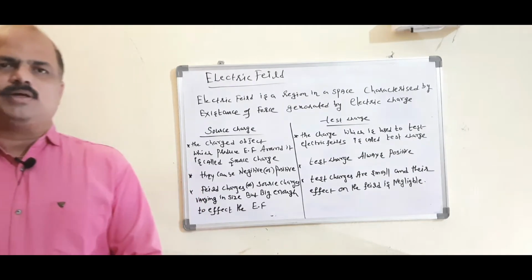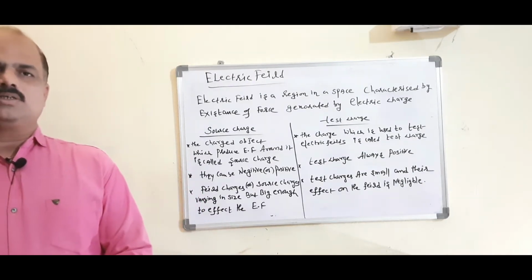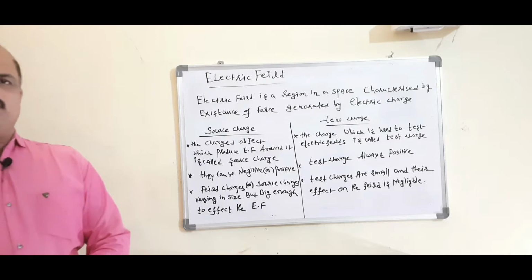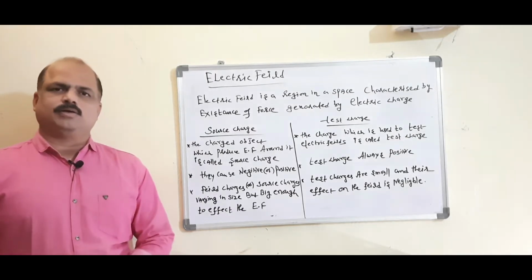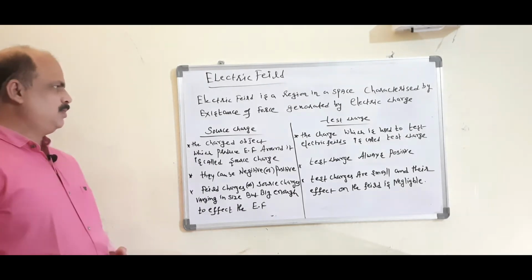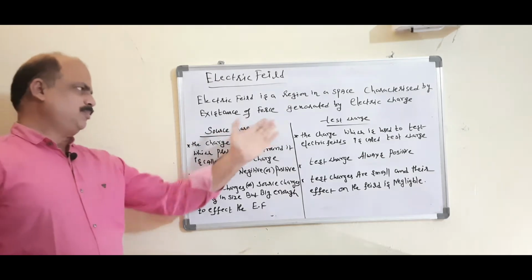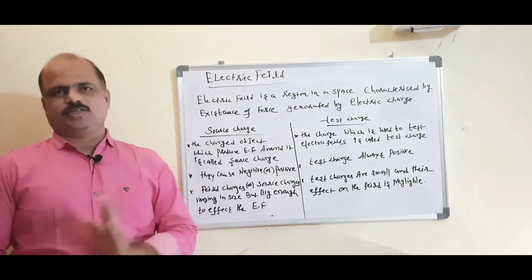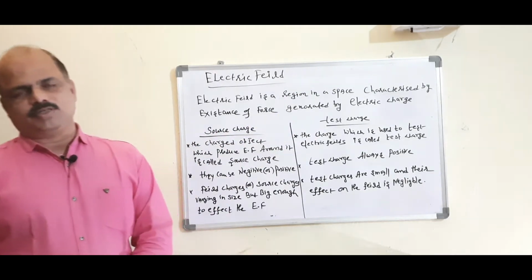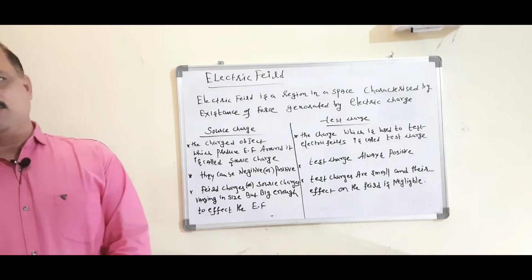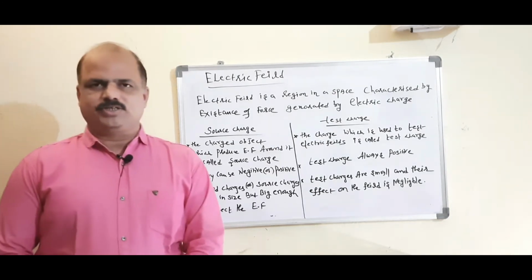So in this chapter we are going to discuss very important concepts. We use these two terms, source charge and test charge. What is meant by source charge and what is meant by test charge?